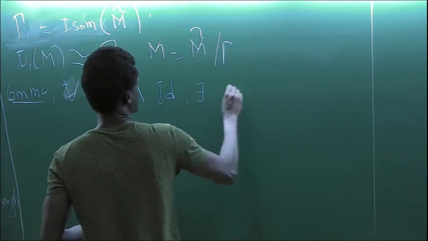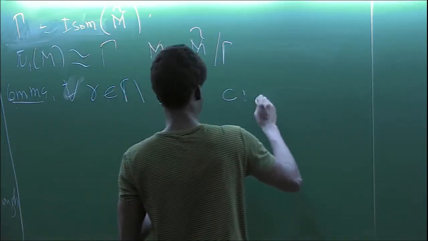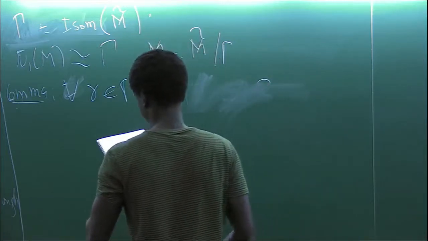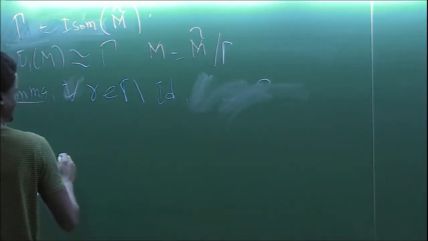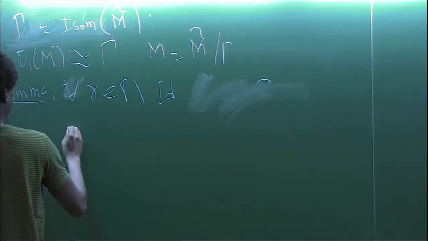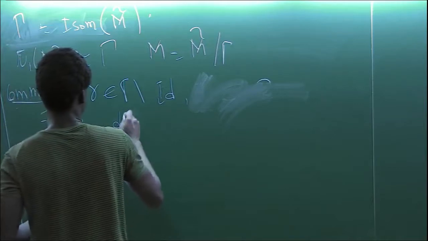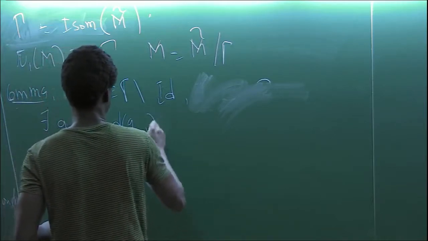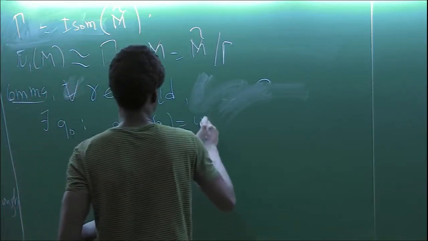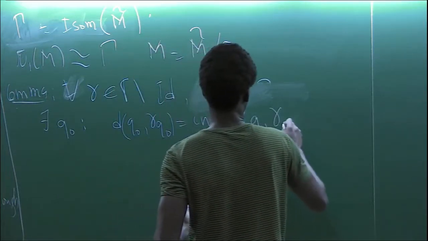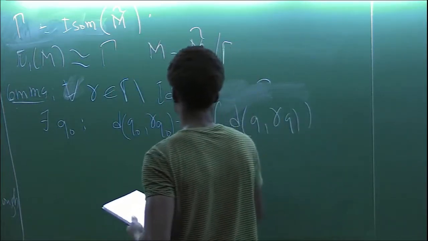So there exists a Q0 such that the distance between Q0 and gamma Q0 is exactly the infimum of the distance between Q and gamma Q, where Q is in M tilde.